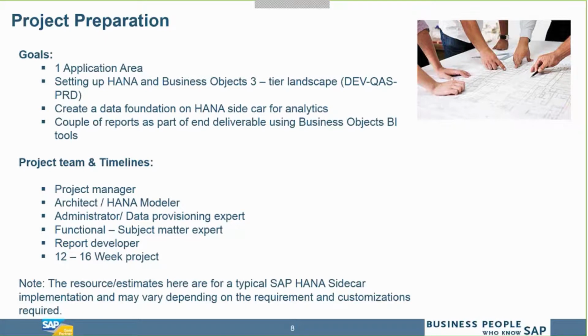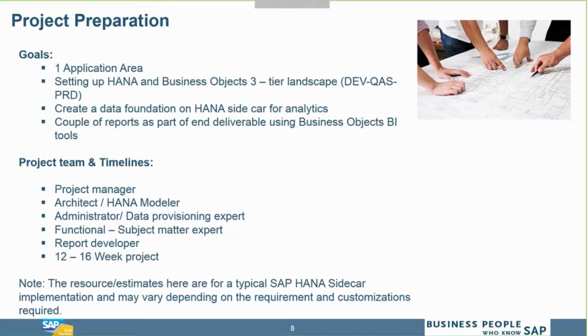That means we are not only catering for the KPIs for the project, but also creating a full-scale data foundation which can further be leveraged by the clients to build their own analytics on top of it. There will always be some reports as a deliverable, and generally we use the Business Objects BI toolset for that, which the users are going to get access to.